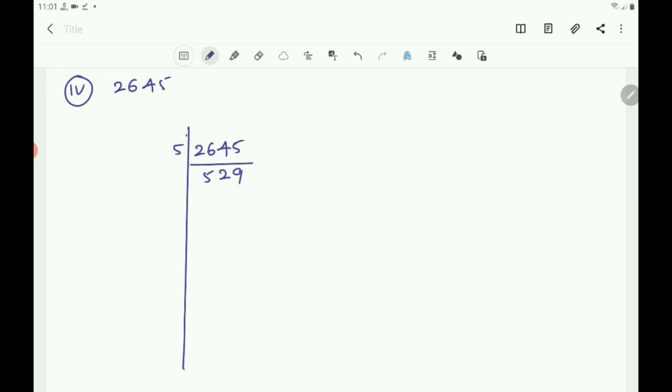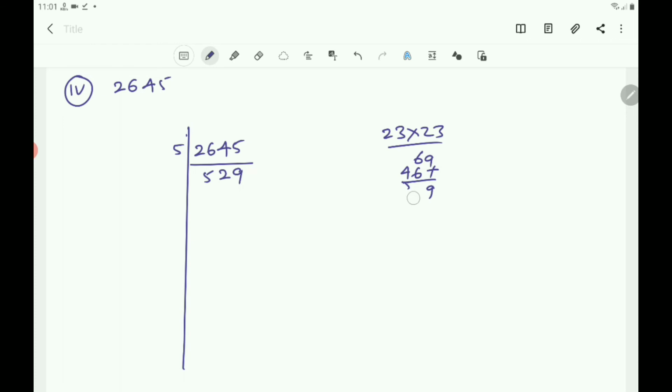Then 529, you know that this 529 is a square of 23, because you know that 23 into 23, that is 23 3s are 69 plus 23 2s are 46, you will get 529.